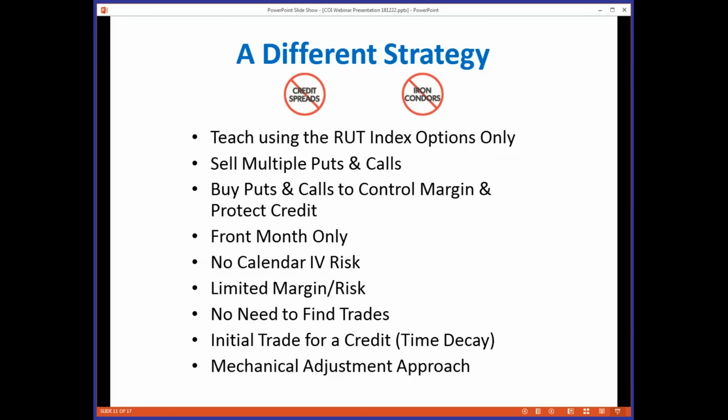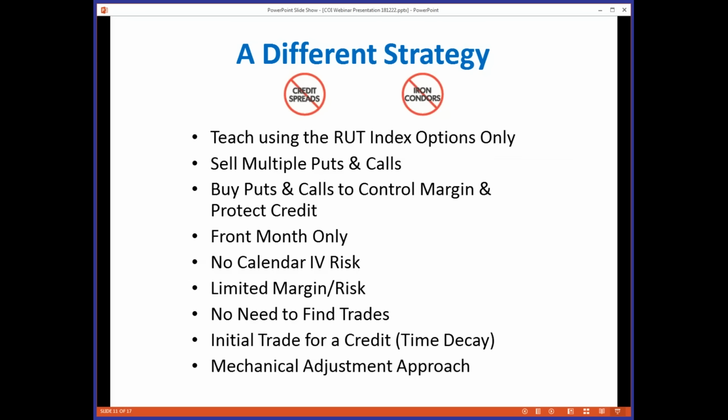So I teach this trade using the RUT cash index options only. Now, in the course, I go into some reasons why we trade the RUT cash index options, but there's nothing curve fitted about the approach. We haven't curve fitted a bunch of data or a million iterations to come up with a trading technique.